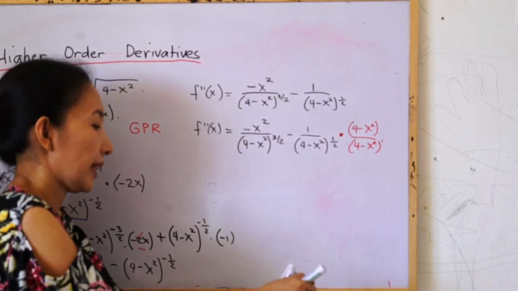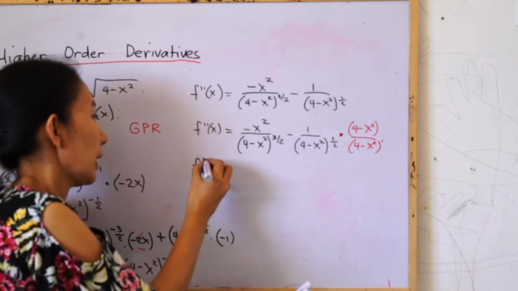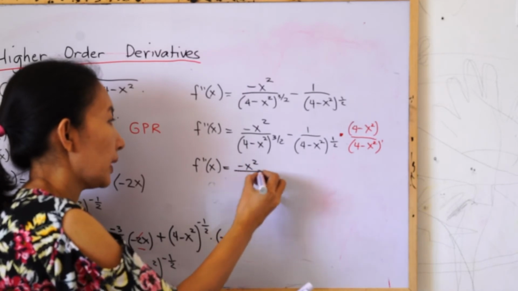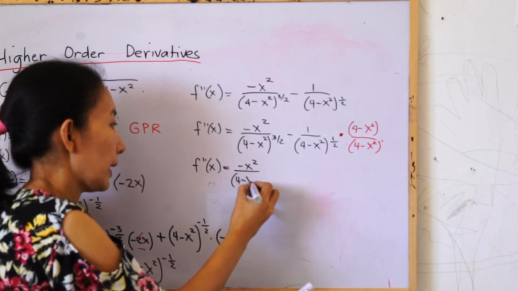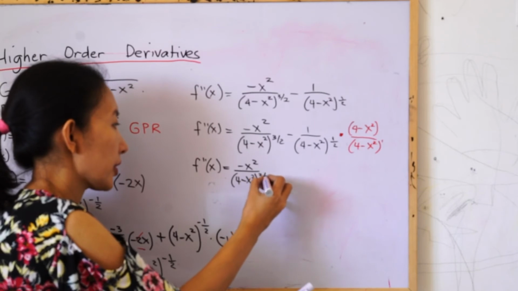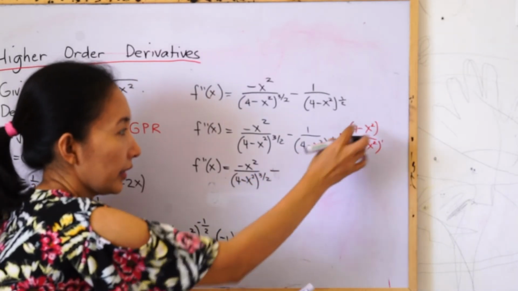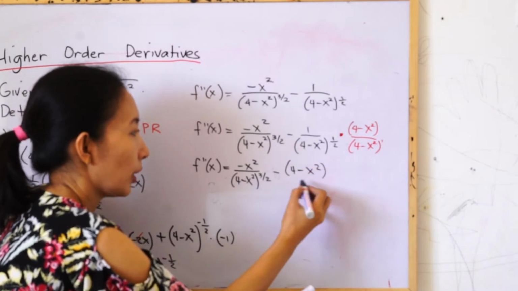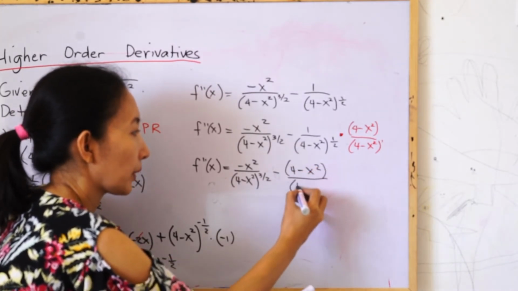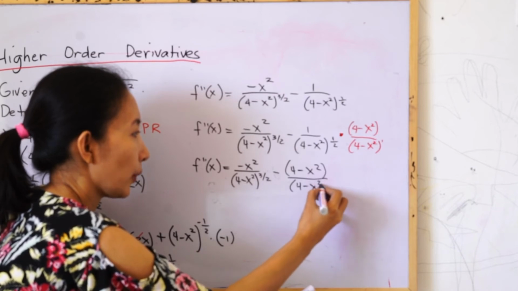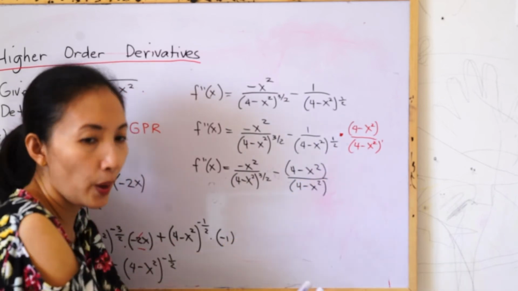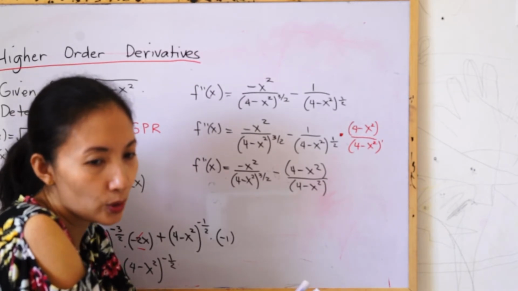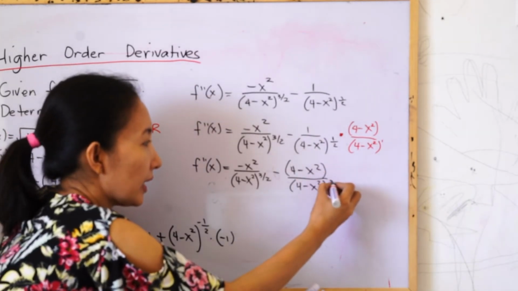So what do we get now? f double prime of x equals negative x squared over 4 minus x squared raised to 3/2, minus 4 minus x squared over 4 minus x squared raised to, by the laws of exponents, when we multiply powers of the same base, we add the exponents, so 1 plus 1/2 is 3/2.